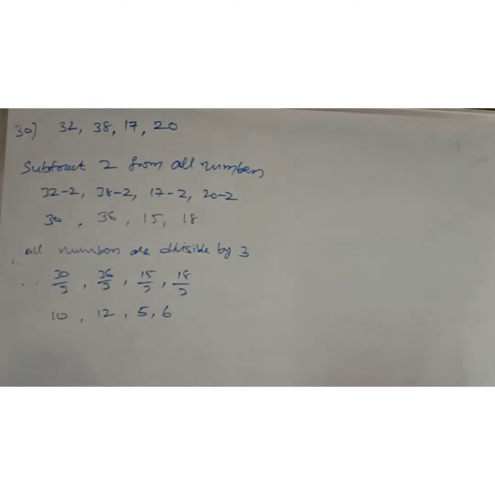Now all these are in proportion. That is 10 is to 12 as 5 is to 6. So now this is in proportion. 2 must be subtracted from all the numbers to get them in proportion.